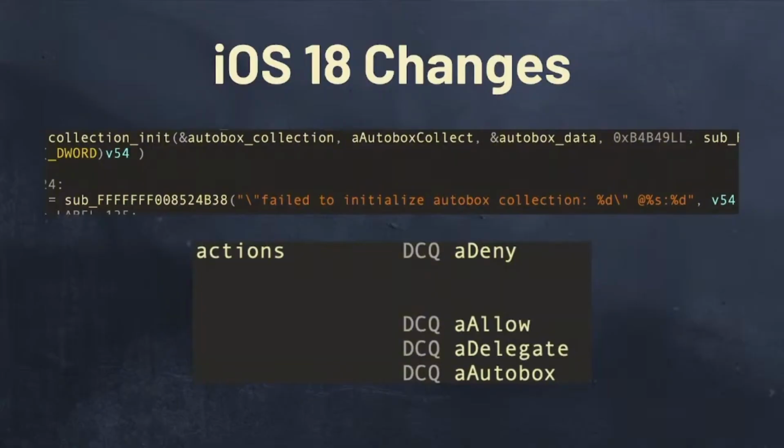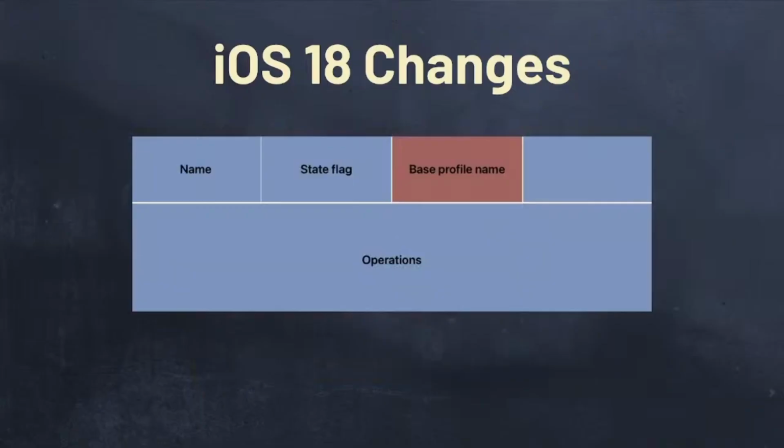Also, there is a new data type that got used extensively, which is bitmasks, mostly used to define rules for a group of syscalls or commands. In addition, collection profiles now reference base profiles. Most use the same base profile called baseline, but a few use a different one.